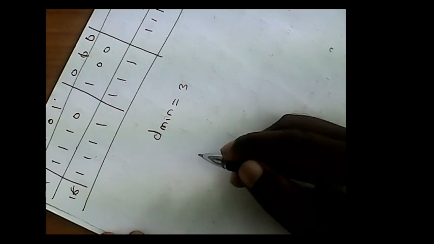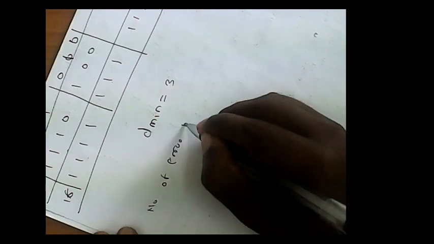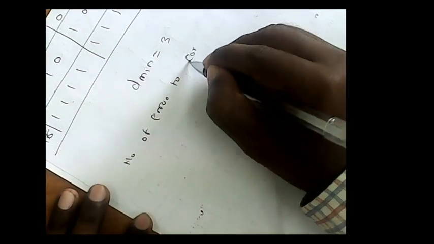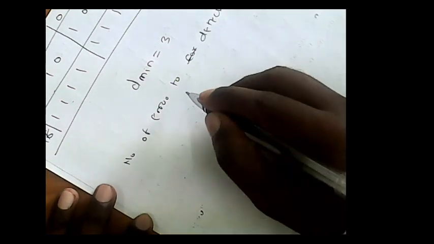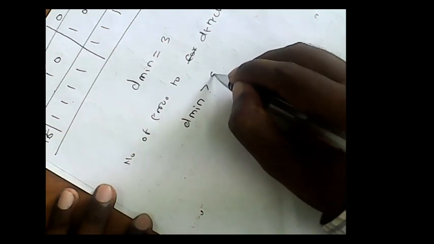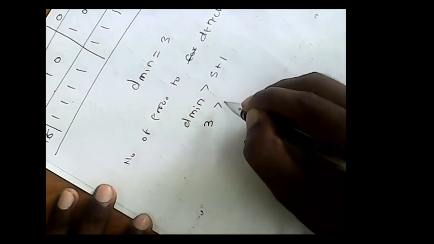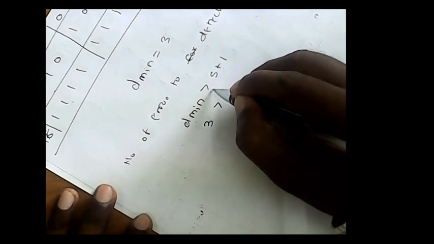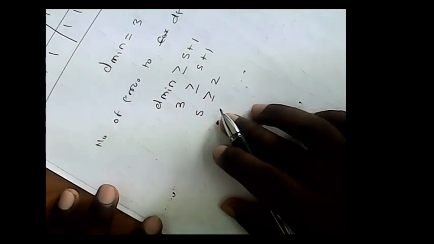Now, the number of errors to be detected: in the previous lecture we already defined that d minimum is greater than or equal to s plus 1. Since d minimum is 3, we find that 2 errors can be detected.